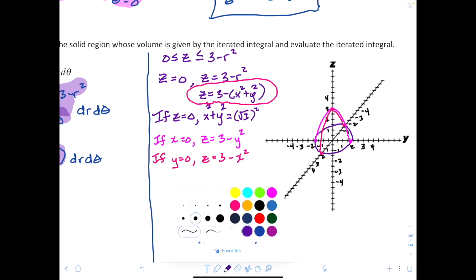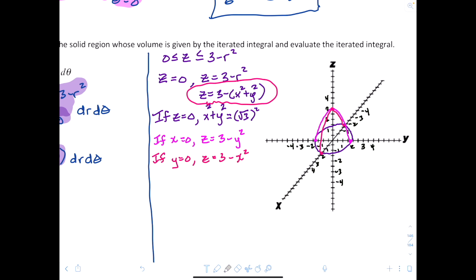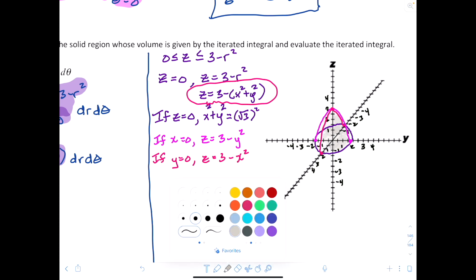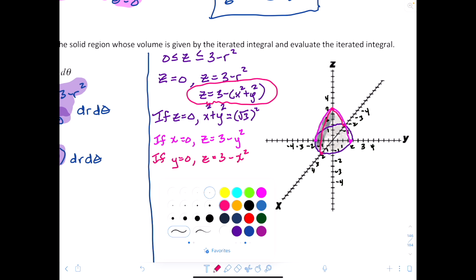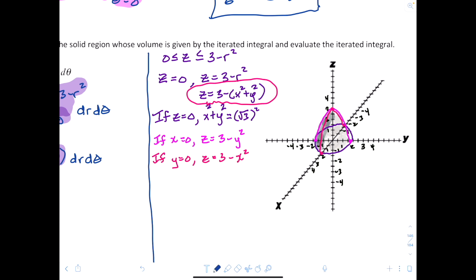I think I almost make them look worse sometimes when I do this, but I'll try. Now I guess you could do a little shading. A little darker gray maybe. I don't know if that worked out or not. Okay, so anyway, this is what we have going on so far.